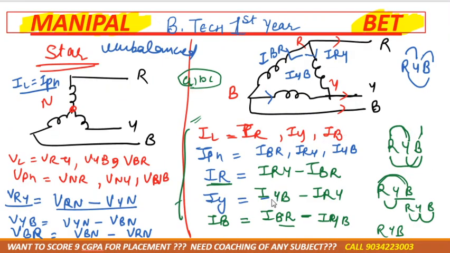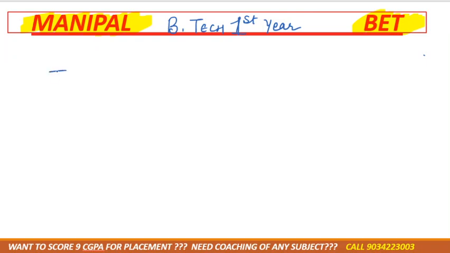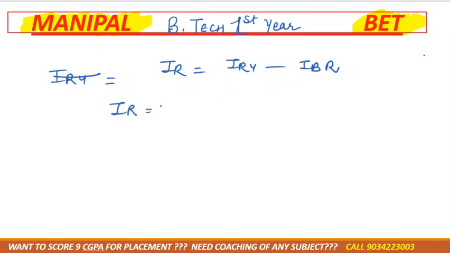I told you, in the delta connection, if you know the phase current, can you get the line current? Yes or no? So IRY is how much? IR is how much? IRY minus IR. I'm not calculating, I'm telling you the direct values.